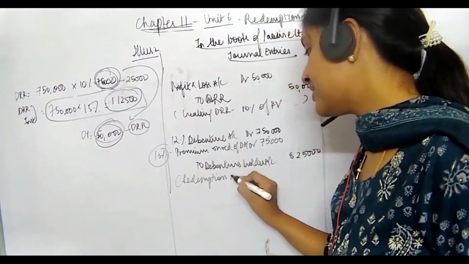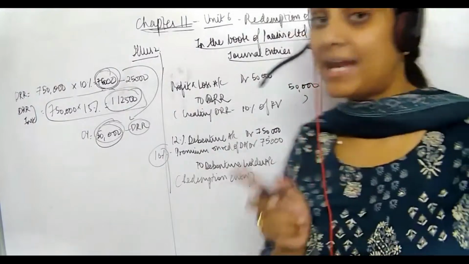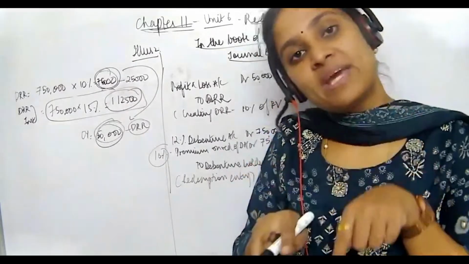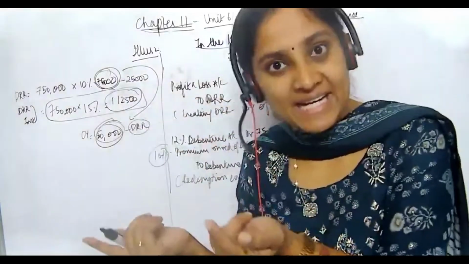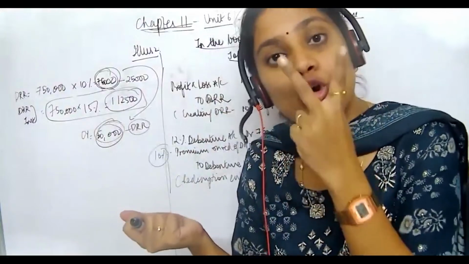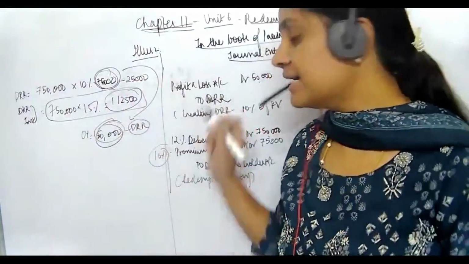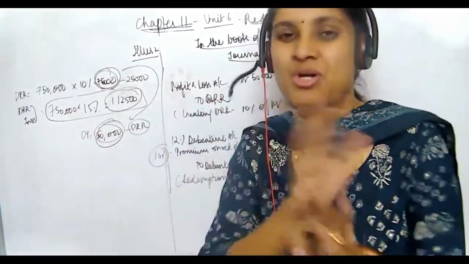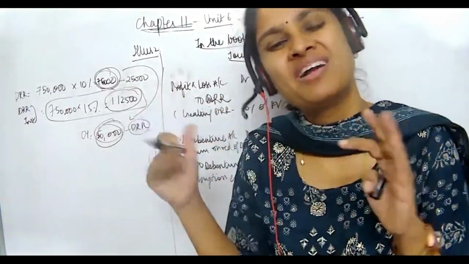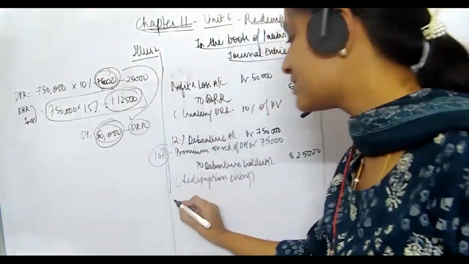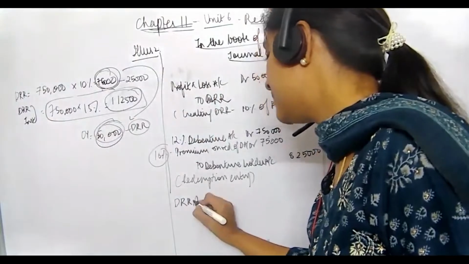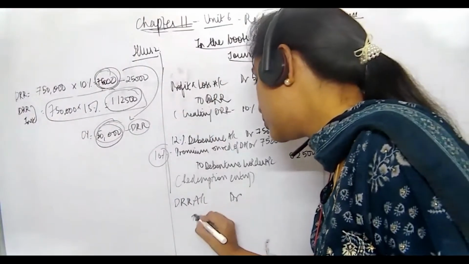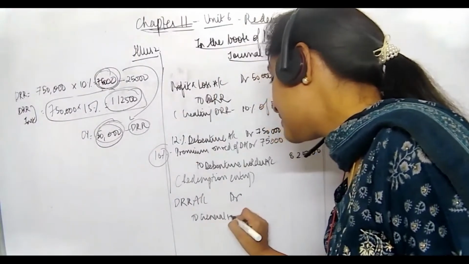What is that? First redemption entry. But I told you, before you can pass the final bank entry, what you are supposed to do? Close two accounts. What are those? DRR, I should transfer the balance because it is no longer needed. The purpose of creating DRR is over. So the first entry will be DRR account debit to the general reserve.